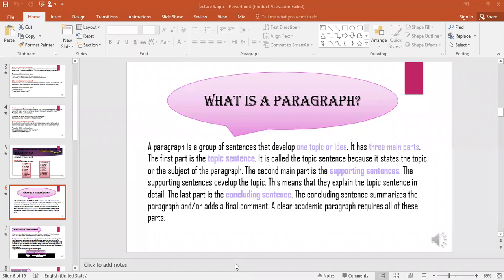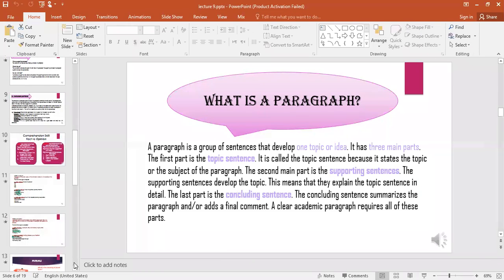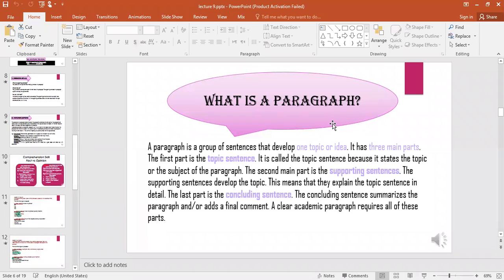Very good. So it supports, it explains, it gives examples, it gives details and facts about the topic sentence or the main topic that you are talking about. Thank you, Samia. Let's move now to the concluding sentence. Who can tell me what a concluding sentence is? Please wake up.